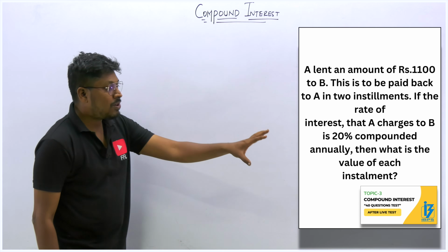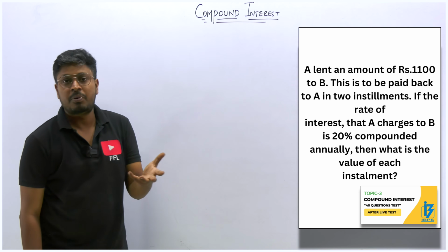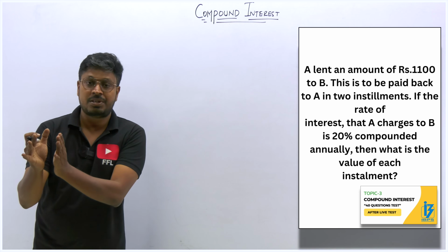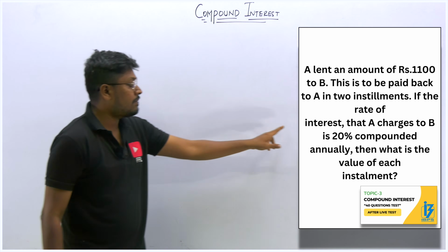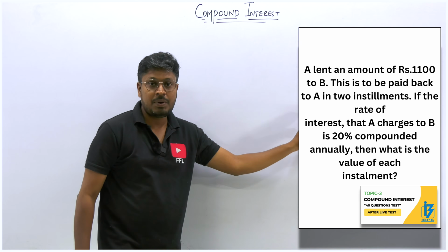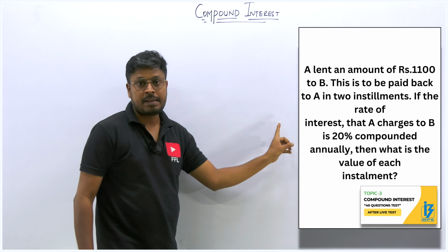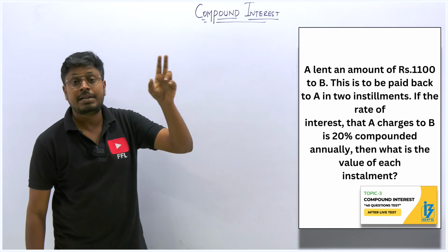For this installment concept, you don't need to learn any new formulas in compound interest. The installment concept will be equal to the population concept. Even in the revision class video, I have written there are 2 important formulas: one is after and before. In 2001, if this is the population, what will be the population in 2002?